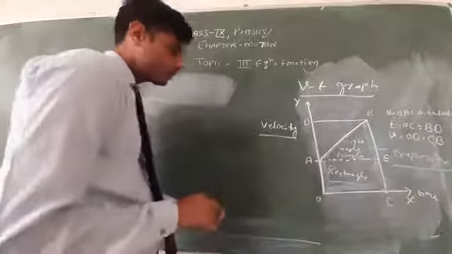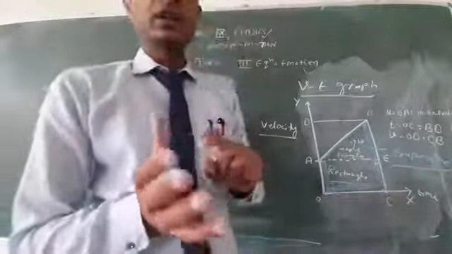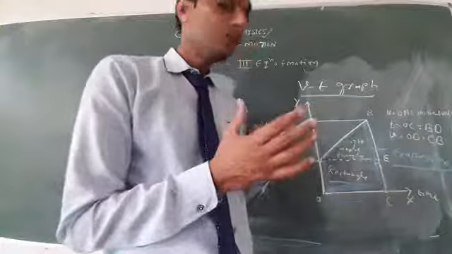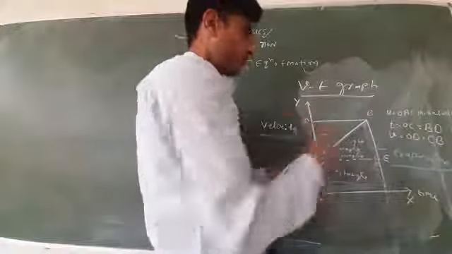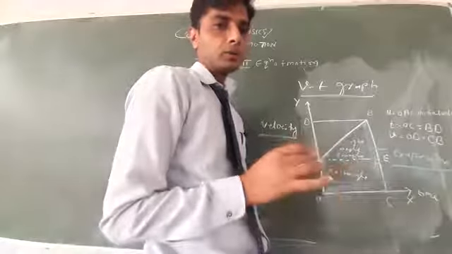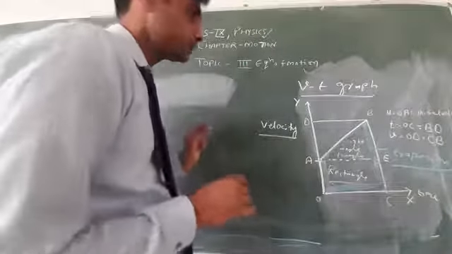As you know, the distance traveled in a VT graph is given by the region covered under the motion. You can take a small proof for this.